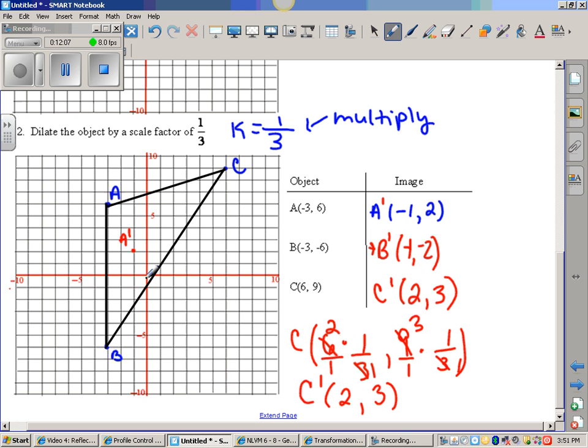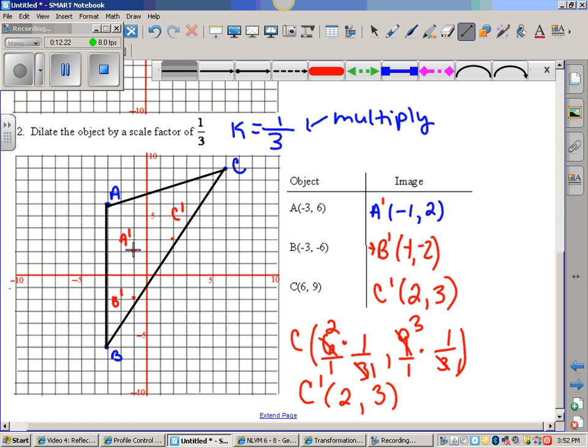B prime, walk to -1, fall to -2. There's B prime. And now C prime, we're going to start at the origin, walk to 2, climb up to 3. Take your straight edge. And we have our triangle.